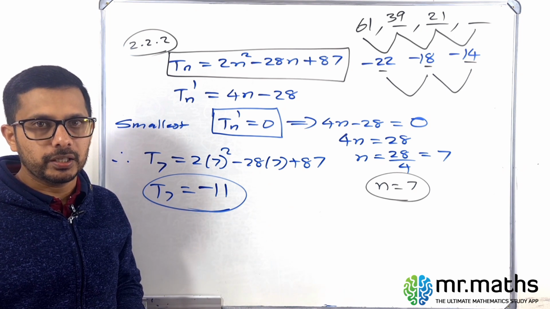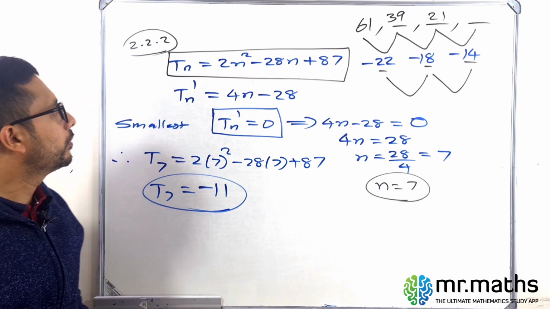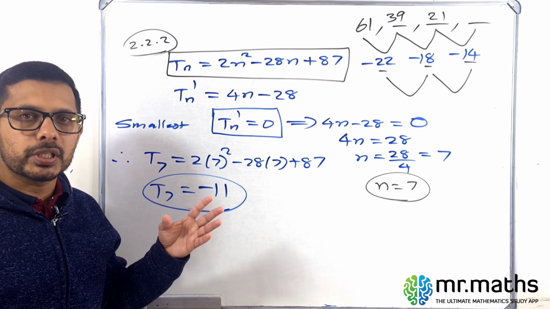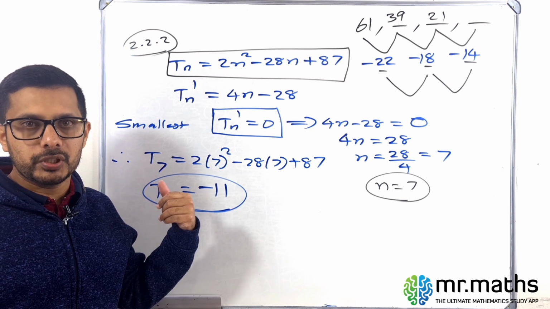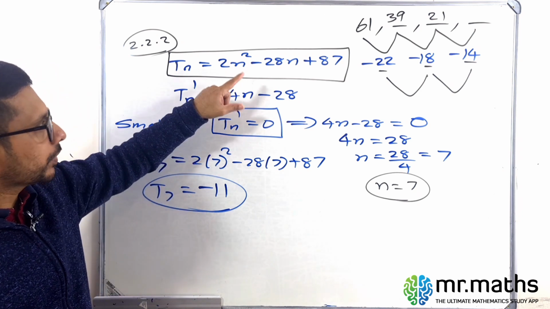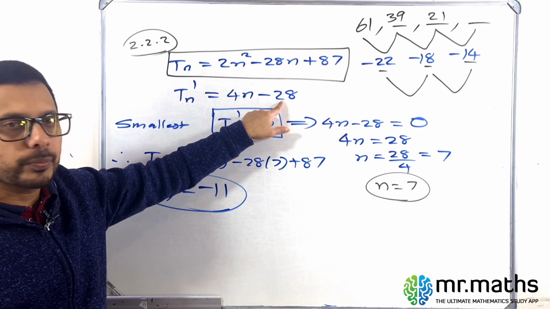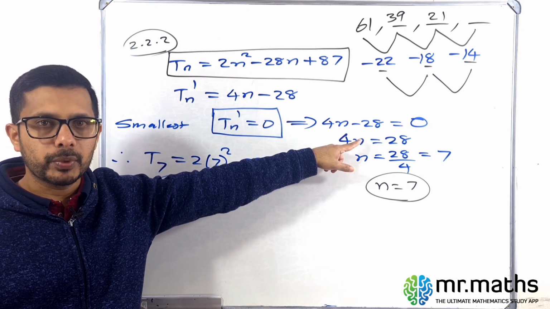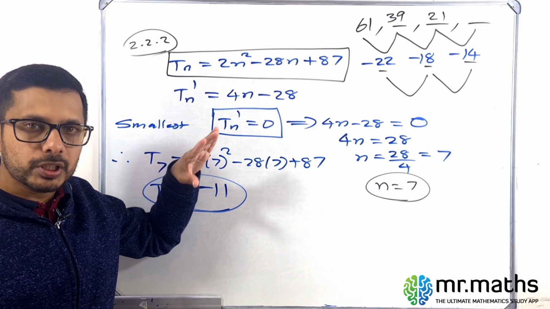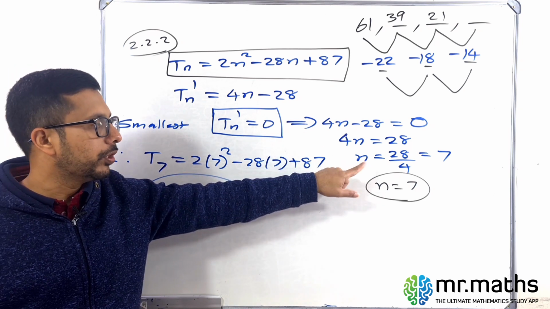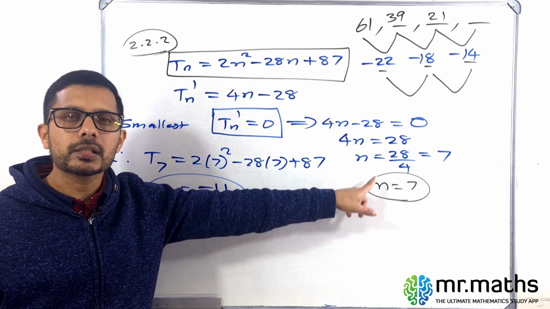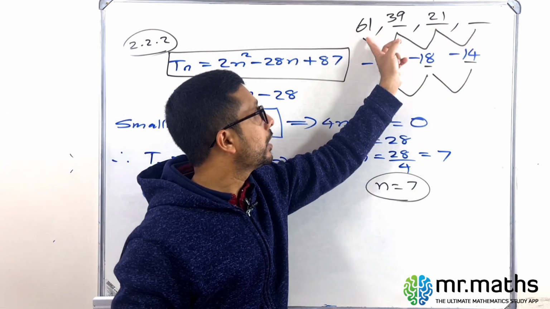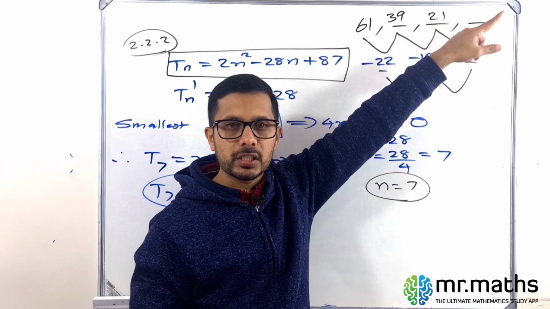Do you understand? Okay, so that is the question. Try to understand, this is an integration of the calculus section. In calculus you studied maximum or minimum: the first derivative is equal to 0. Here the first derivative is 4n minus 28, and that is equal to 0, the condition for minimum and maximum. Smallest means minimum. From there we got that the 7th term is the smallest term in this series: first term, second term, third term, fourth term, fifth term, sixth term, 7th term.